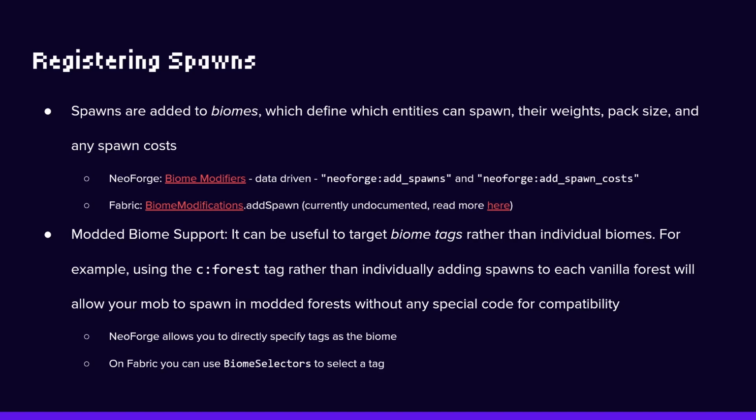If I use the tag c:forest, that's for the common tag forest, then rather than adding it to each forest, it would be in any forest, including modded forests that added their biomes to that tag. In NeoForge, you can directly put tags using the hashtag method. You just put the tag's biome tag ID, and then that'll be where it gets added. And on Fabric, you can use the biome selectors.